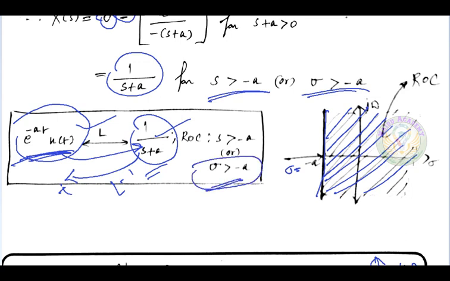So with the help of the region of convergence we can define whether the signal is this or that. This is the significance of ROC.